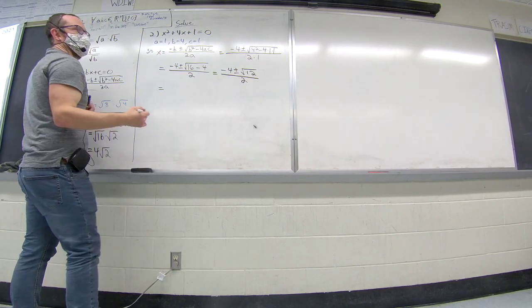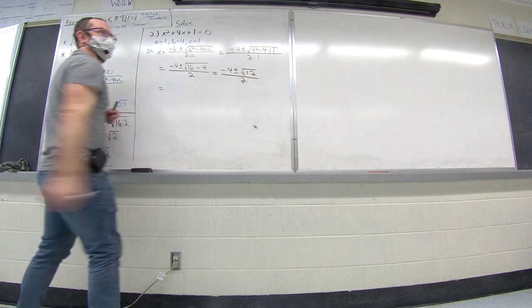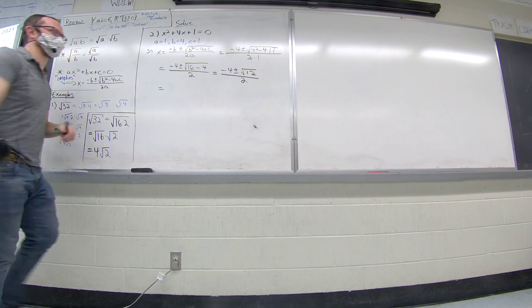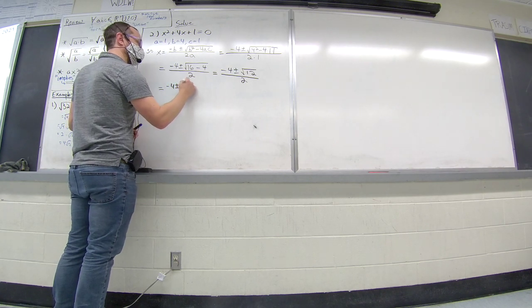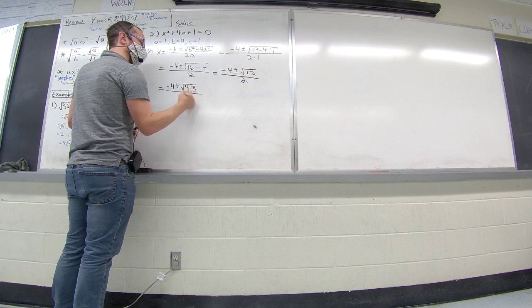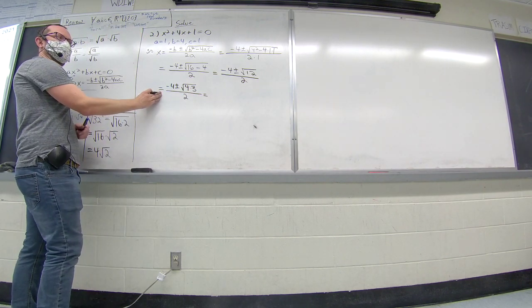Okay. Can I simplify the square root of 12? Using this axiom, right? What am I going to turn 12 into? 4 times 3, to pull that largest perfect square factor out. Okay, why is this equal sign true?